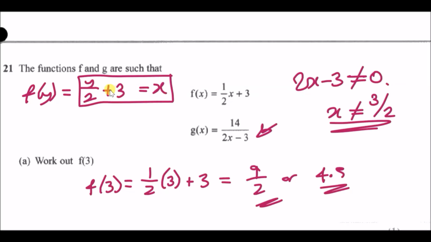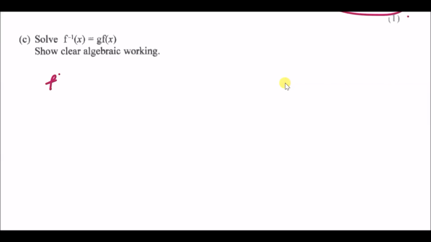You simply minus 3 and then times 2 across. So y equals x minus 3 times 2. Okay, that actually looks really bad. So to simplify that, it will just be 2x minus 6. And this is going to equal the f inverse function, 2x minus 6.